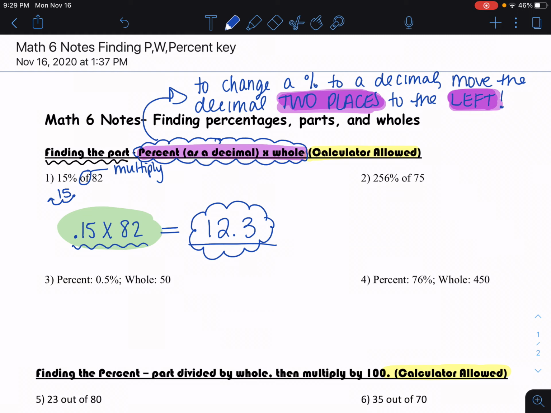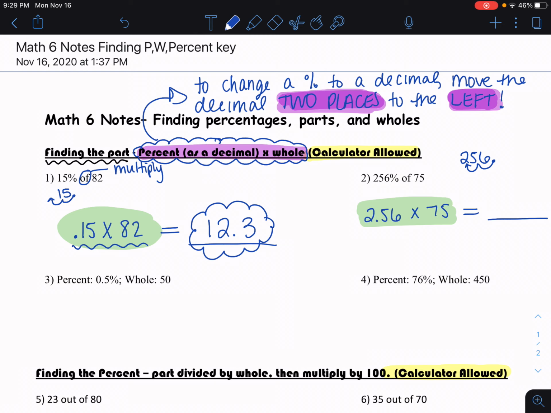256% is a percent greater than 100. So when I want to change this into a decimal, my decimal's at the end of the number. I move it to the left 2 places. So it's 2.56 times 75. Again, if I show this work, I can type it into the calculator and give an answer.